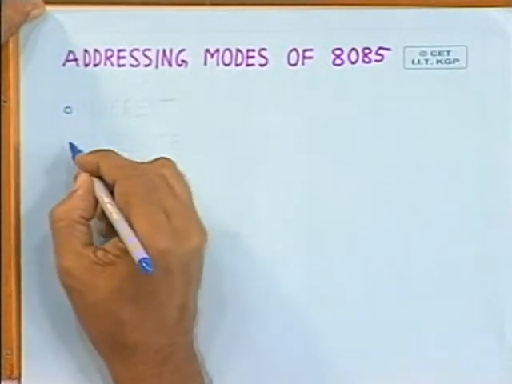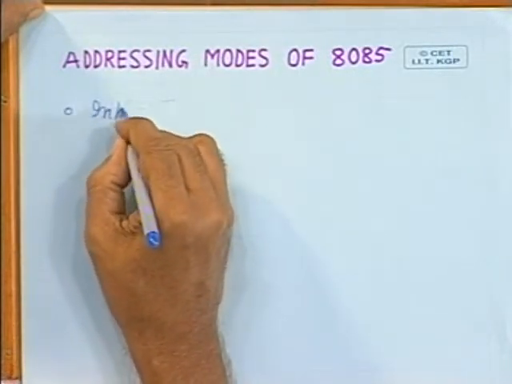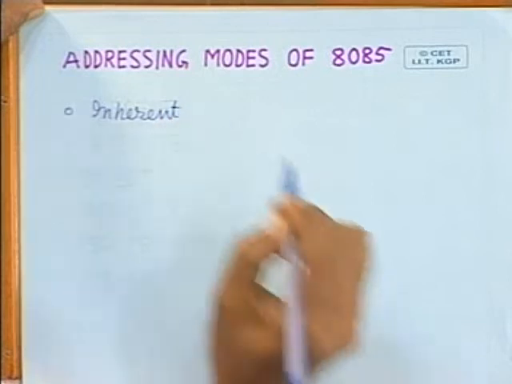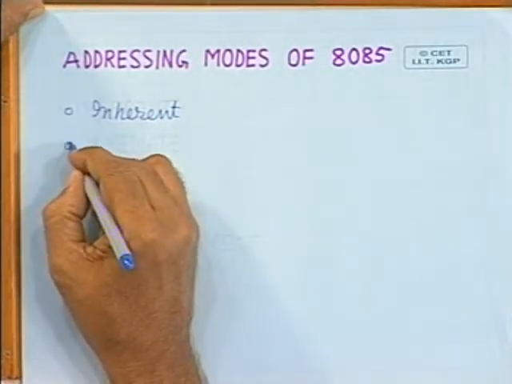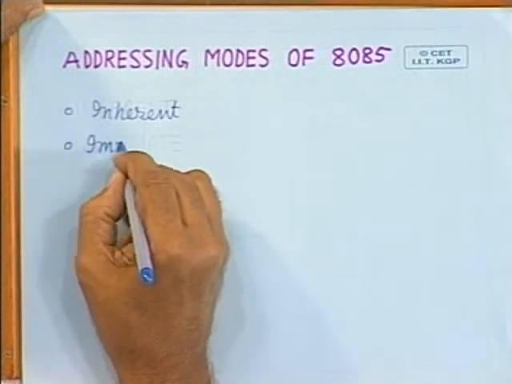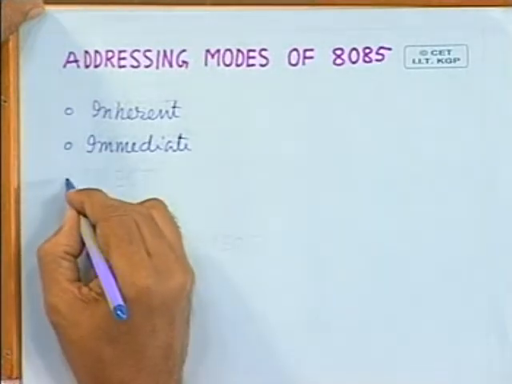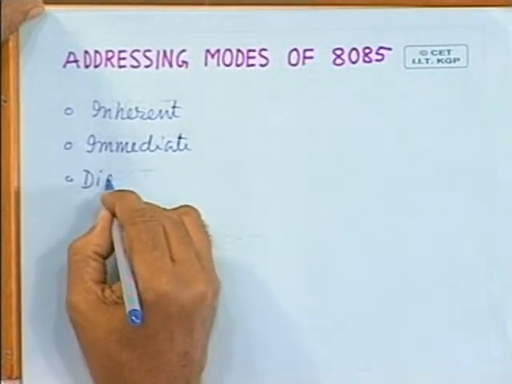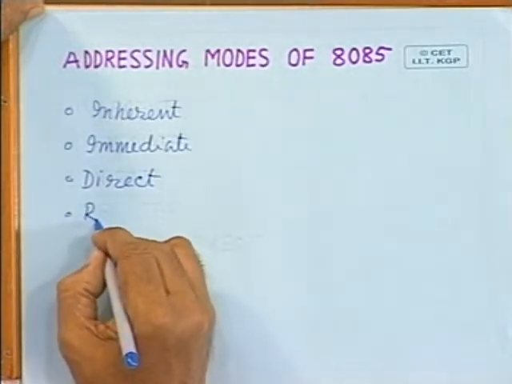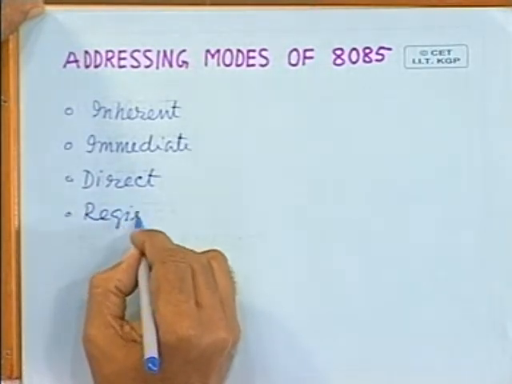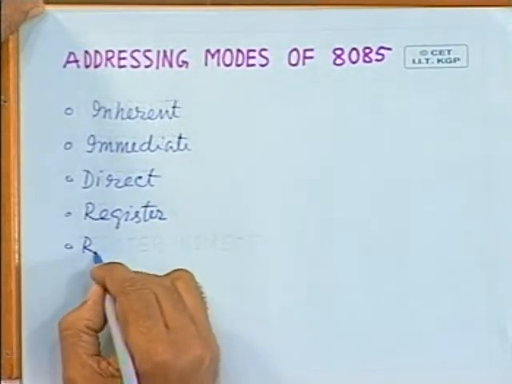The 8085 supports a very limited number of addressing modes. One is inherent. It supports immediate addressing mode, direct addressing mode, register addressing mode, and register indirect addressing mode.